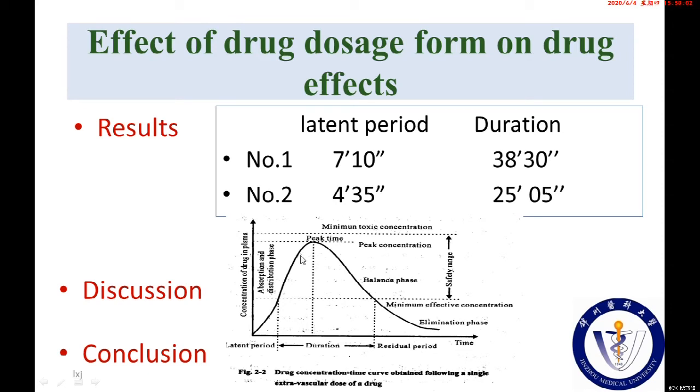And then, of course, its elimination also is relatively earlier than the drug in mucilage. That's why the latent period for mouse number 2 is relatively shorter than mouse number 1, and the duration also is relatively shorter. Absorption caused by mucilage is relatively slower than by solution.